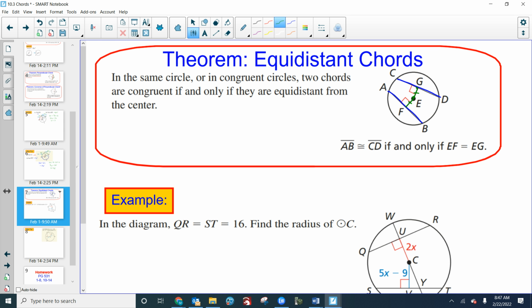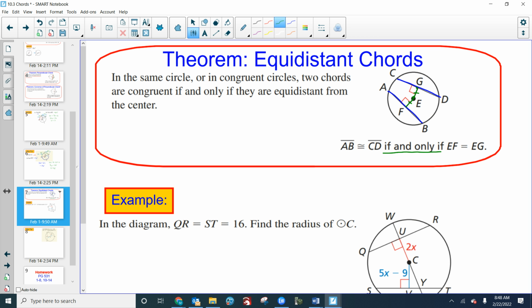So the pictures on these look kind of confusing. They look pretty busy, but they're not that bad, if you know what you're looking for. Do you guys remember what the if and only if means? I'll be really impressed if you remember exactly what its name is.